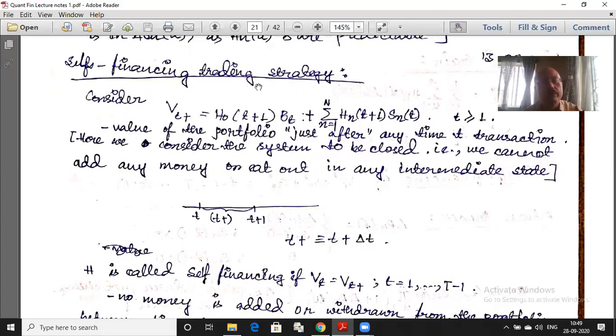So my value function will carry the new weightages for tomorrow, h0 t plus 1 and hn t plus 1. The t plus 1 stock price is of course not realized yet, so my current stock price is still SNT, and my current bank process value is also BT.